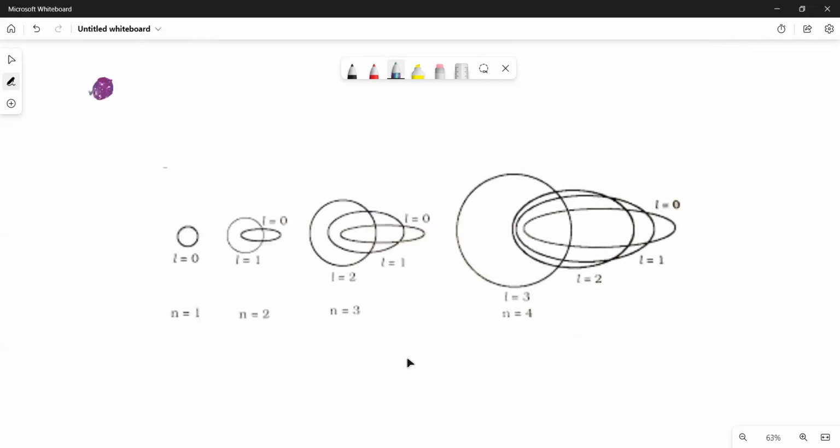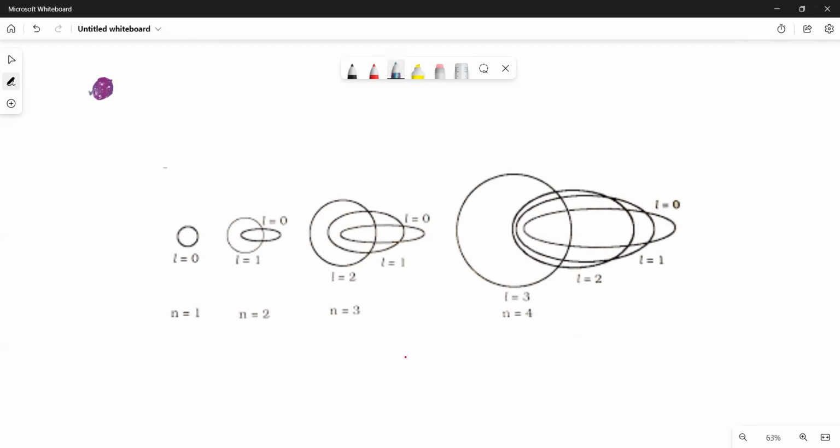So Sommerfeld came into the picture. What he had told is that this is n equal to 1, this is n equal to 2, this is n equal to 3, this is n equal to 4. Sommerfeld found that this path is not completely circular or spherical.